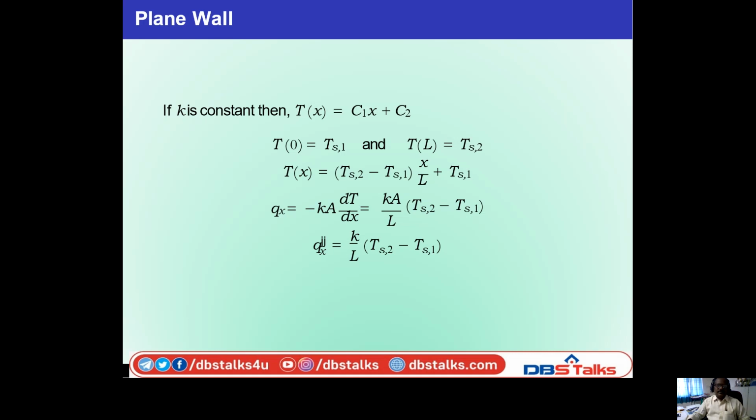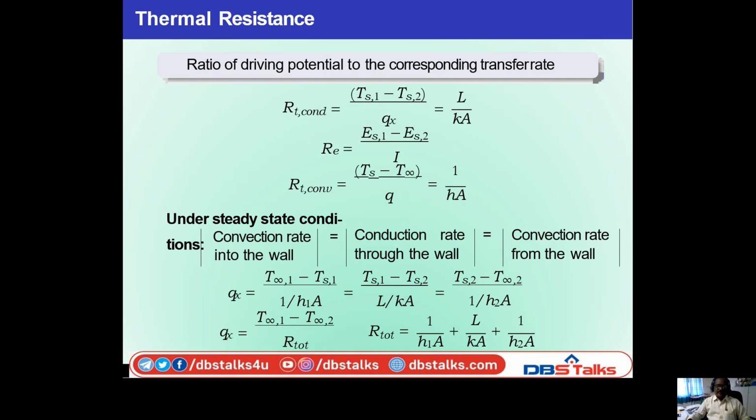Now we'll see how to find thermal resistance. Thermal resistance is a resistance against heat transfer. It is the ratio of driving potential to the corresponding heat transfer.